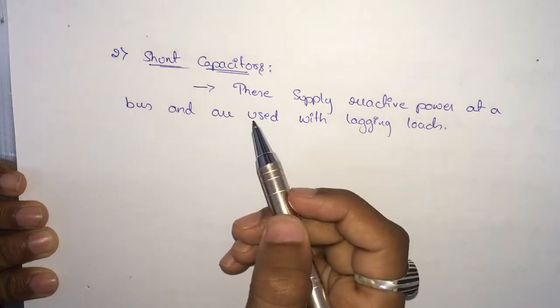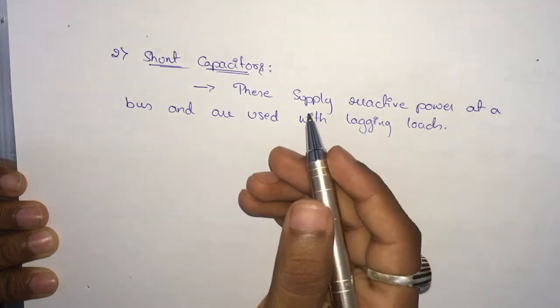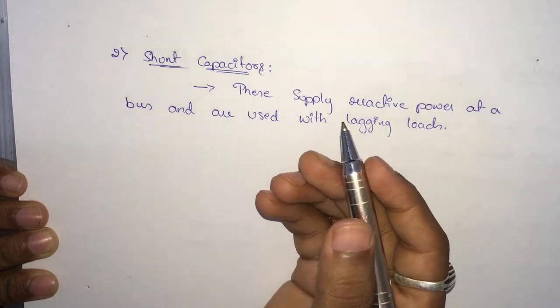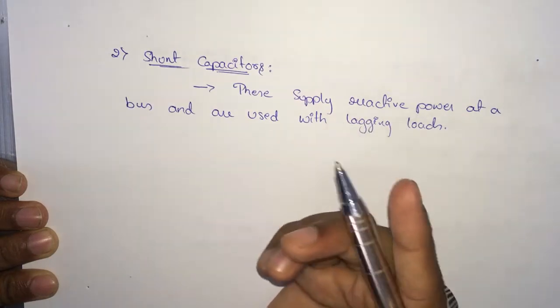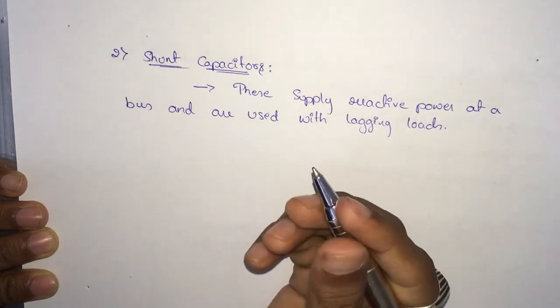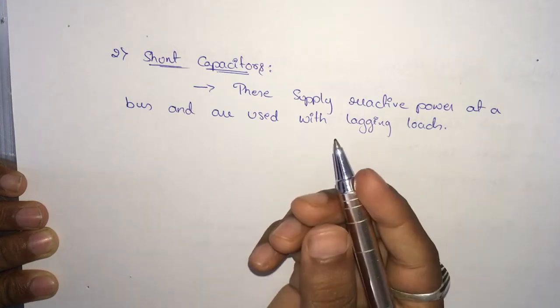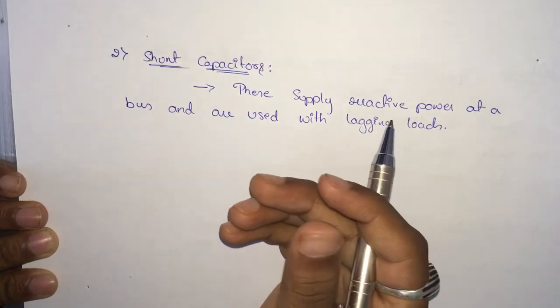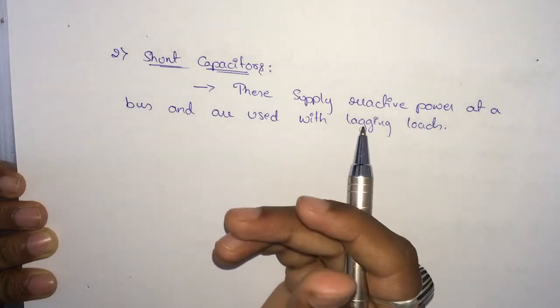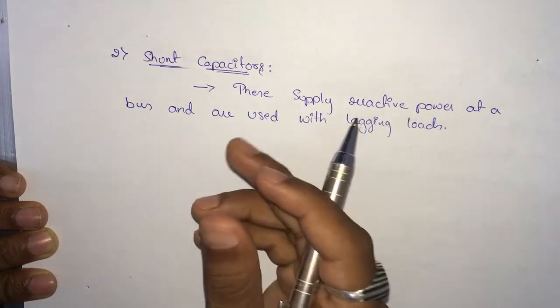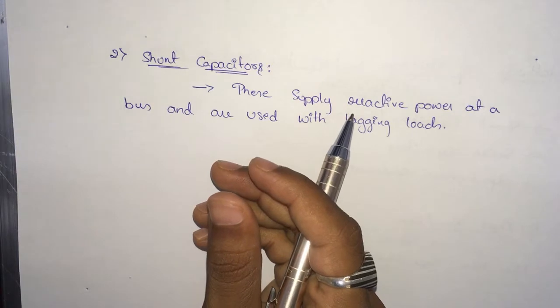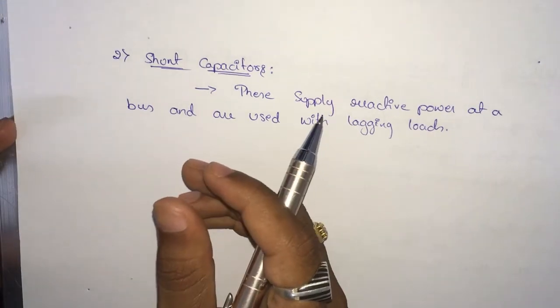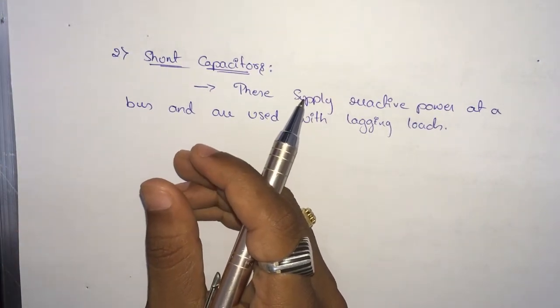Normally we place shunt capacitors at the load end to compensate the effect of these reactive power losses. Sometimes shunt capacitors are placed permanently, or we may use them as switching devices, switched whenever needed.